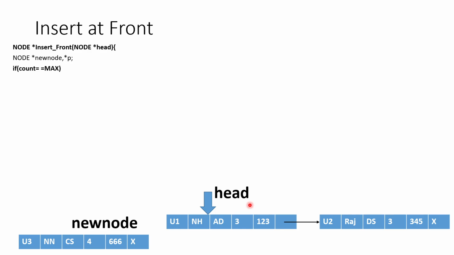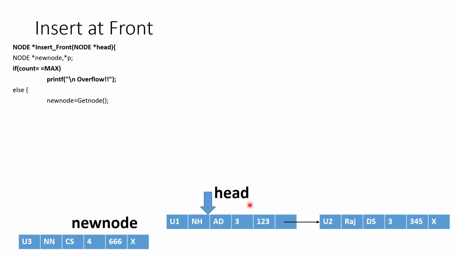It can permit us to have only 4 nodes, as we have declared earlier. If 4 nodes are already there and we try to add one more, count is 4 and max is 4, so it is an overflow.